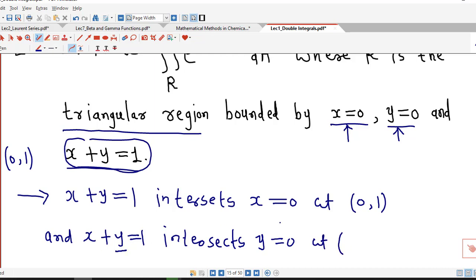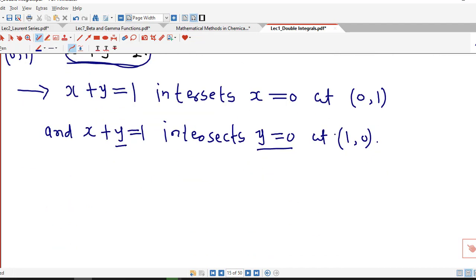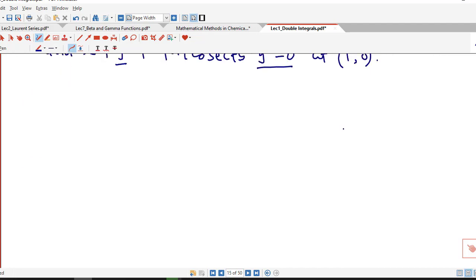So for y equal to 0 we will obtain x equal to 1. So this line intersects x axis, that is y equal to 0, at point 1 0. So with this information we are able to sketch the region of integration.